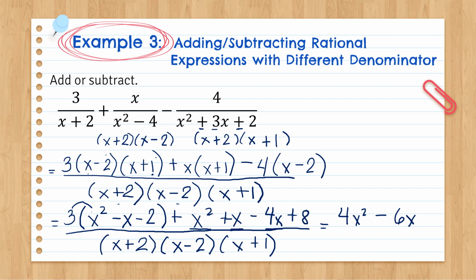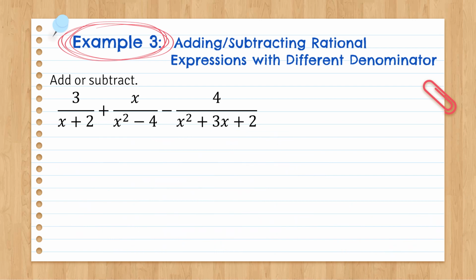Negative 6 plus 8, so we have positive 2. So again, we copy our denominators. Now, since we do not have space, let us jump to the next slide.